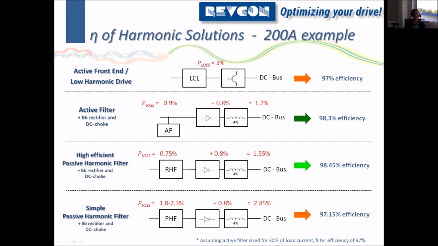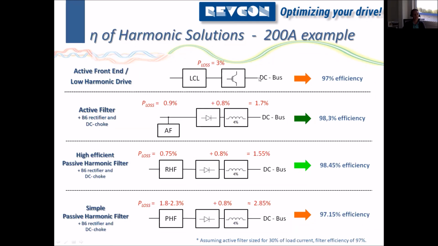If we look at the passive harmonic solution and compare it with active front end, we obviously have to take the rectifier and the DC choke into account as well as the harmonic solution itself, because an active front end would also go to the DC bus. So with this solution we will have power losses of at least 3%, which, as some of you may know, is quite optimistic.